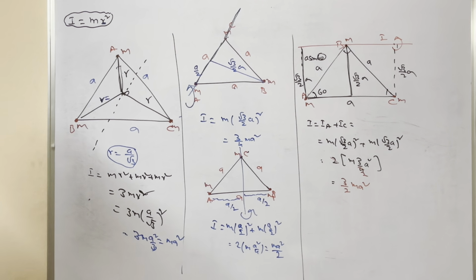Next, another triangle I am giving. Three mass particles A, B, C. Now this is the axis.